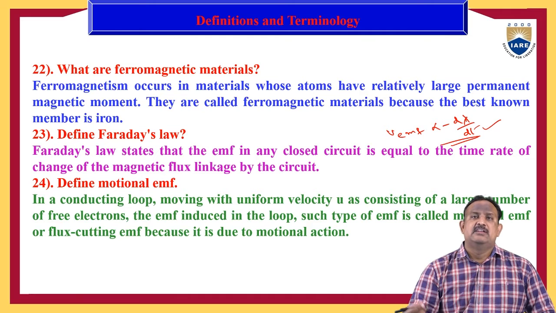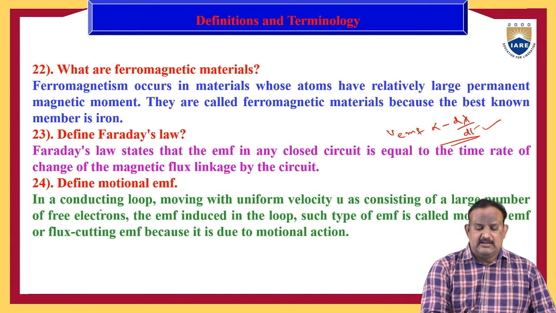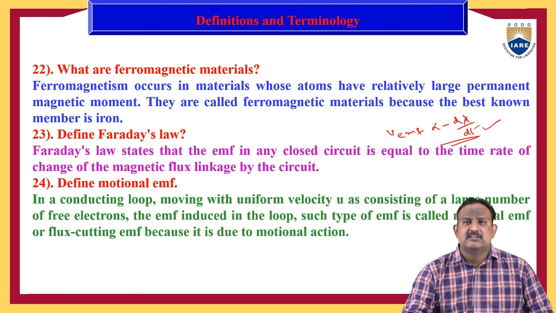I repeat the definition: in a conducting loop moving with some uniform velocity u, consisting of a large number of free electrons, the EMF induced in the loop is called the motional EMF.